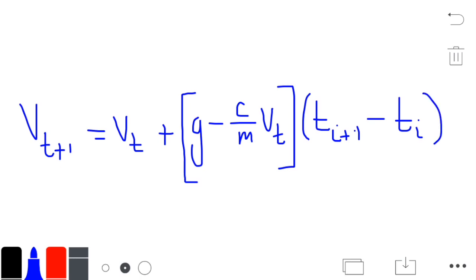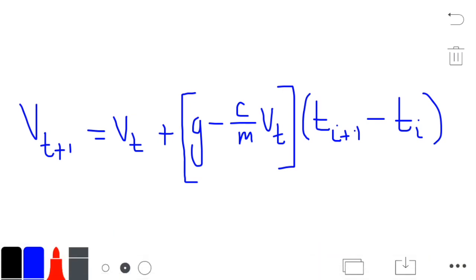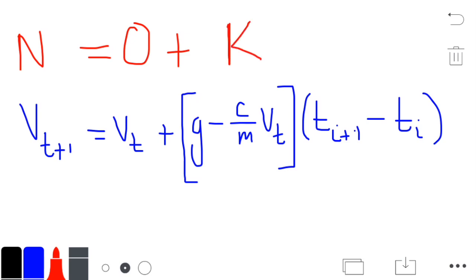Now, hopefully, this looks like something you've seen before. Here we have the new value of the velocity, and it's equal to the old value plus some constant multiplied by a delta t.